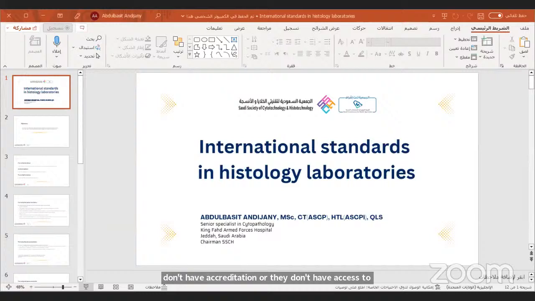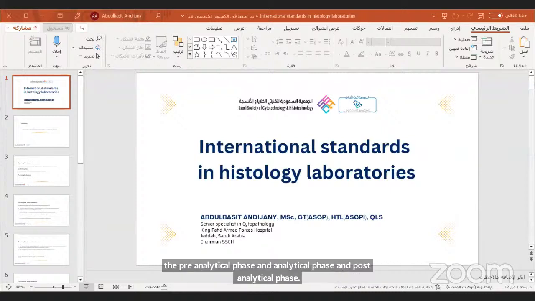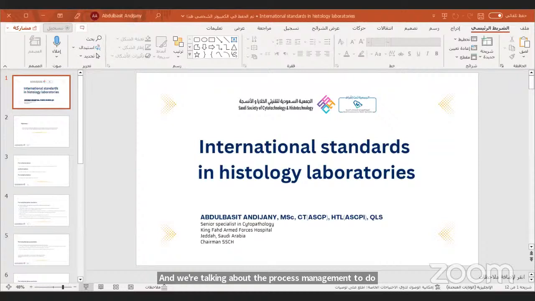Basically, we're collecting the national and international standards in Saudi Arabia and internationally from the CAP and other areas, and we're going to put them in our own words in 3 phases: the pre-analytical phase, analytical phase, and post-analytical phase. We're talking about process management. To do that, we had to define first what those 3 phases are.